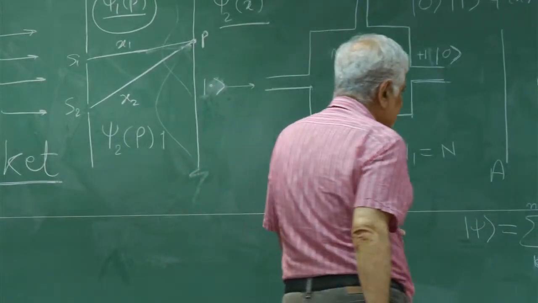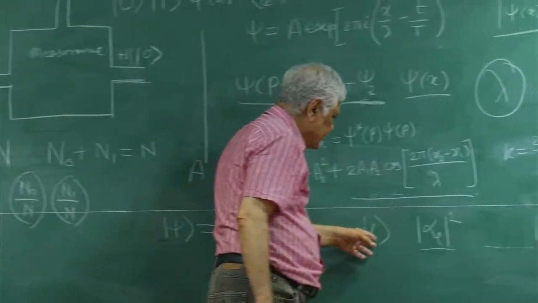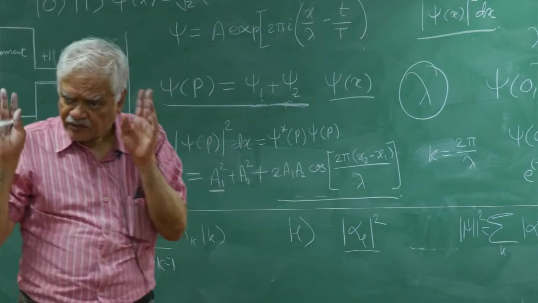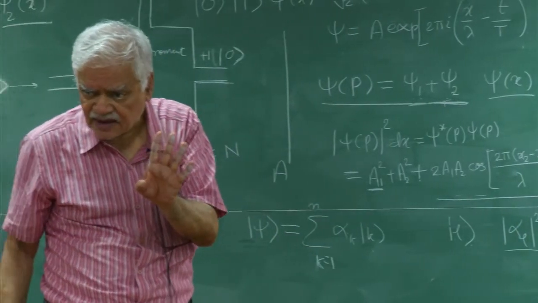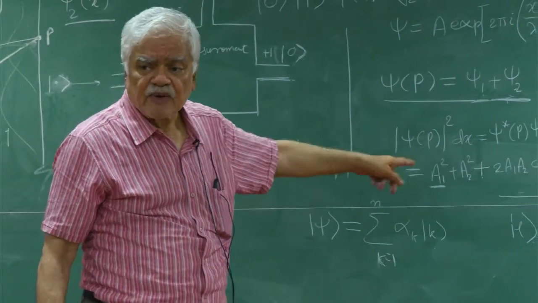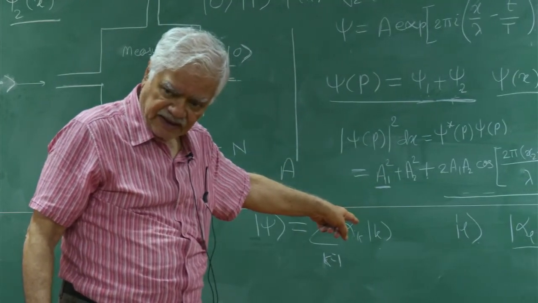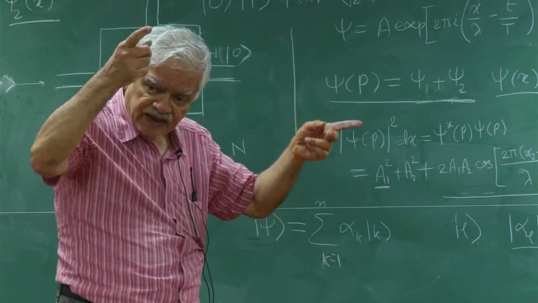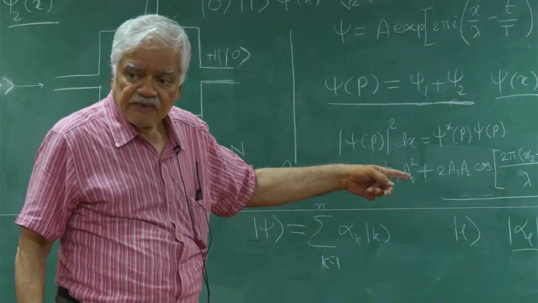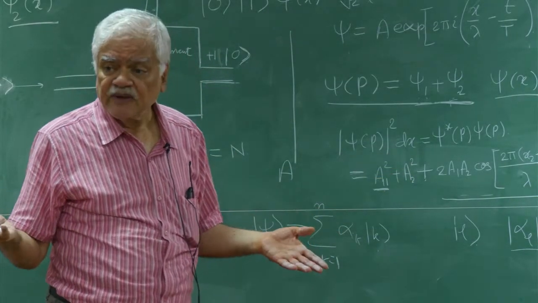What is the probability that the Lth eigenstate will turn up? We have already seen that as a result of any measurement, some eigenstate will turn up. That probability is the mod square of the coefficient alpha L of the Lth term. It is not a summation. But now I want the total probability to be 1.